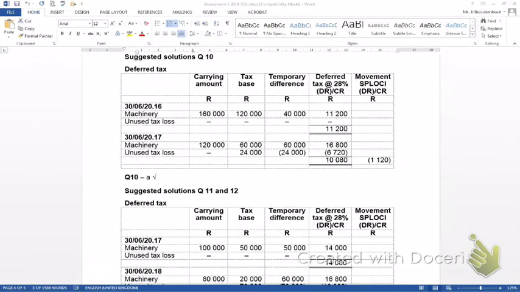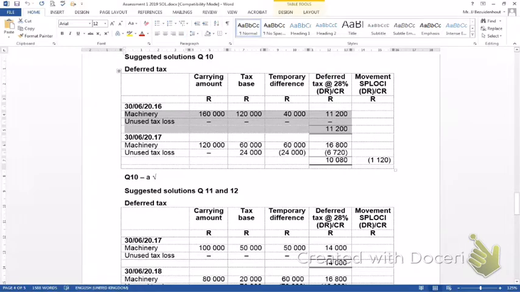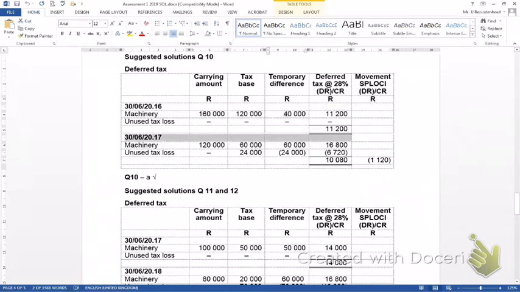You'll calculate firstly machinery as it was given to you, the deferred tax at the end of June 2016. So your deferred tax at that stage, the balance was 11,200, being the 28% on the 40,000 temporary differences. Then for 2017 you do exactly the same.